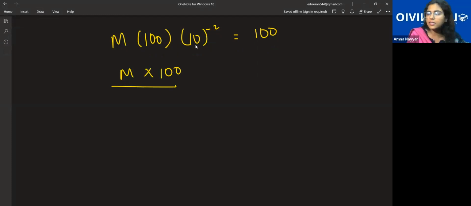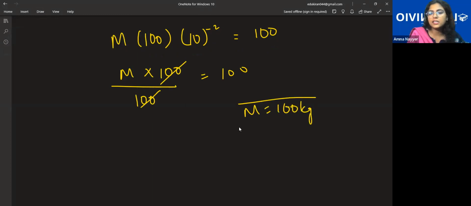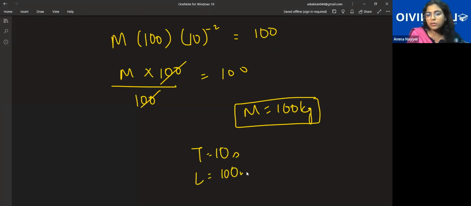So this is 10 to the power -2. It will go in the denominator and become 10 to the power 2, that is 100, equal to 100. This 100 is cancelled. Mass is equal to 100 kg. So what all things do we have? See, time is equal to 10 seconds, length is equal to 100 meters, and mass is equal to 100 kg.